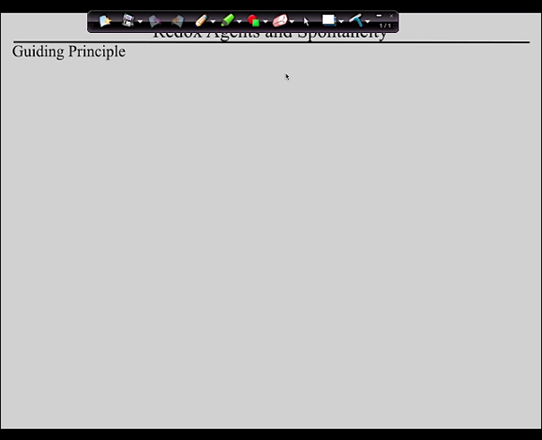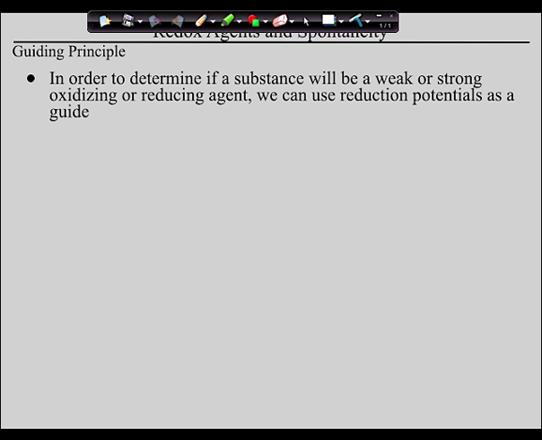Along the way, we need to talk about some of the little nuances of this. But here's the way we're going to have this conversation. What we're doing is identifying weak and strong oxidizing and reducing agents. We're going to use our table as a guide.